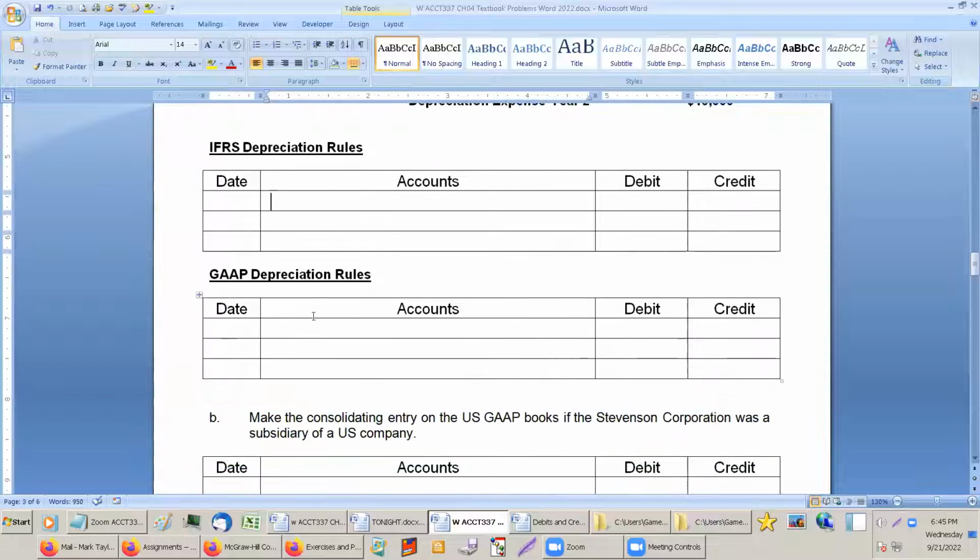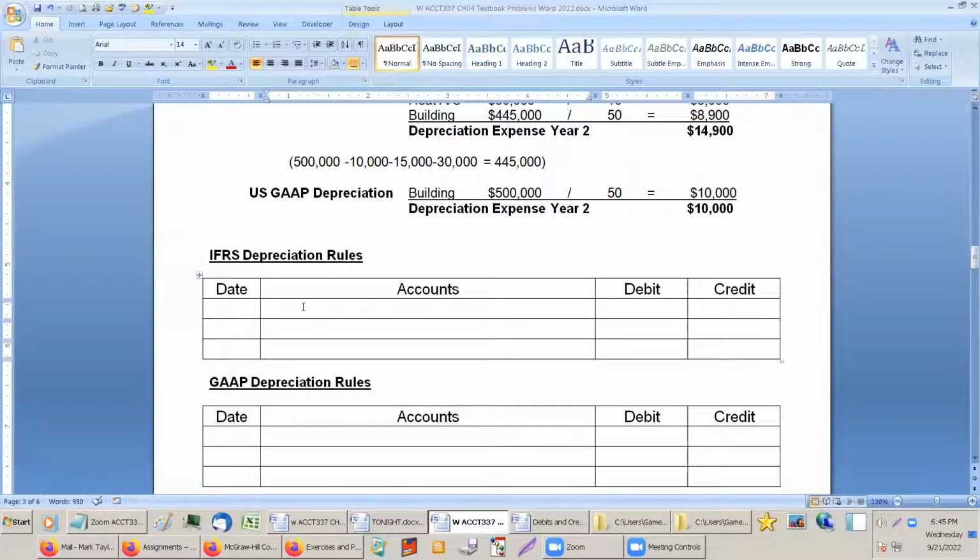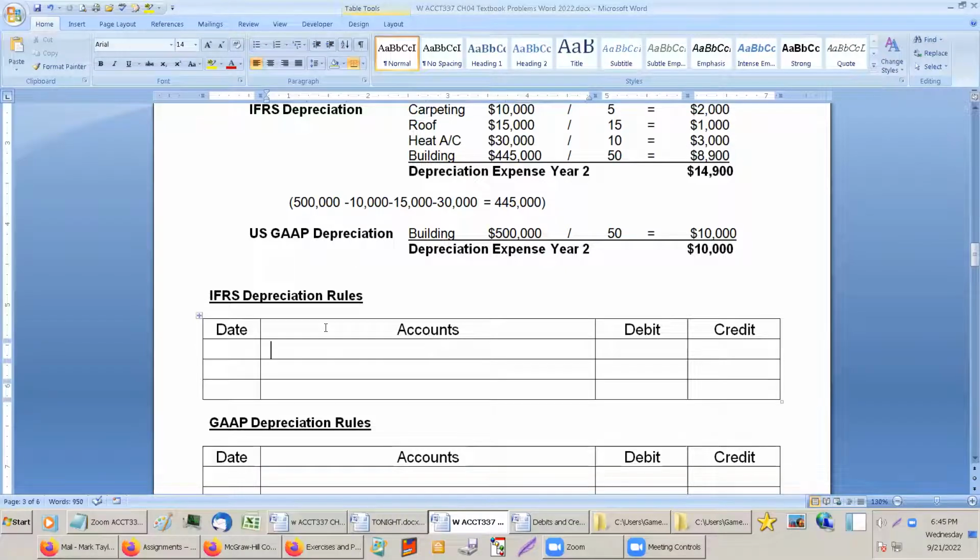So the IFRS depreciation rules, I think I told you this before, the depreciation is always the same: depreciation expense and accumulated depreciation. So the international standard would be 14,900.